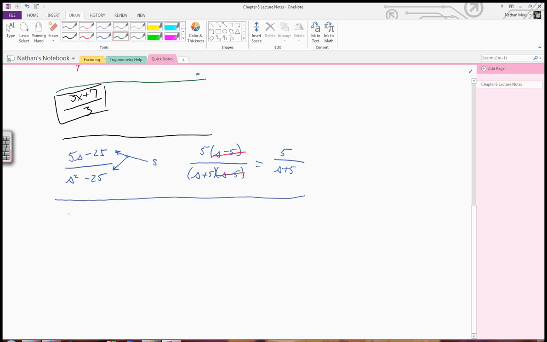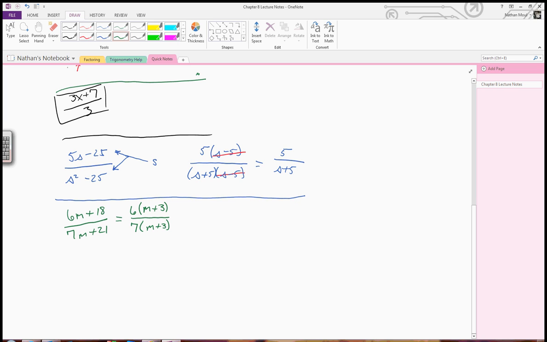So anyway, one more example for this, and I'm sure you get the idea by now. Let's say we have something like (6m + 18)/(7m + 21). Looking at these, we can factor a 6 out of the top, giving us m plus 3, and on the bottom we can factor 7 out, giving us m plus 3.